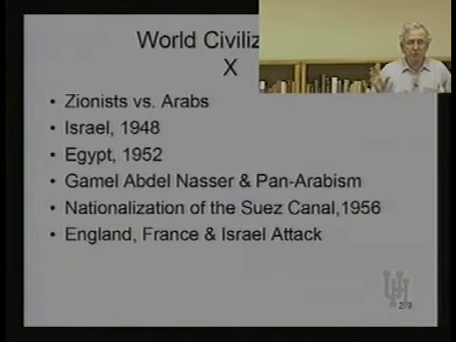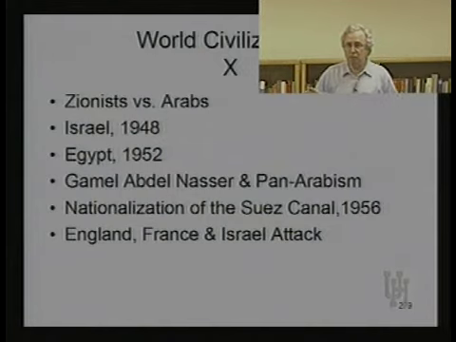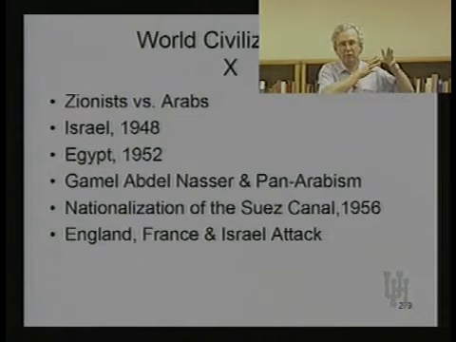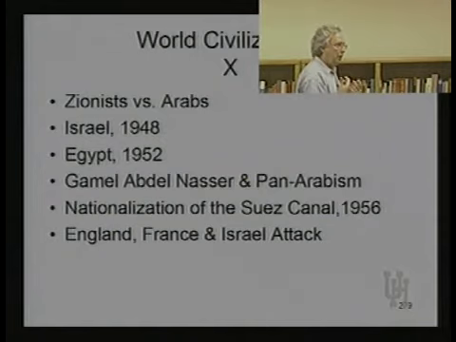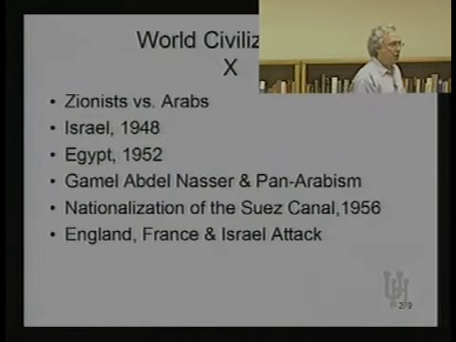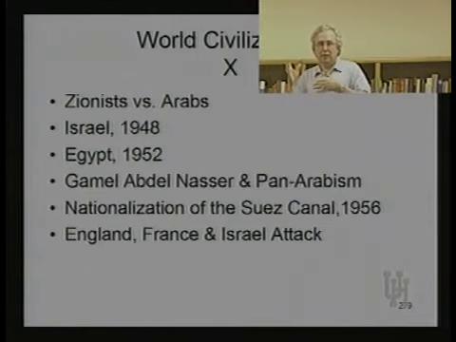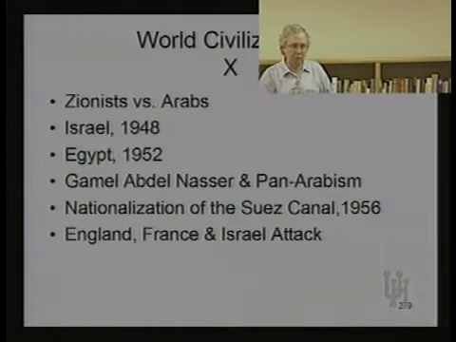Another force that comes to influence events is the rise now of a whole new group of nationalist leaders. We saw Mustafa Kemal in Turkey back in the 1920s. But by the 1950s and 60s, other nationalist leaders are coming to the fore, in many cases by toppling the monarchies left by the Europeans.